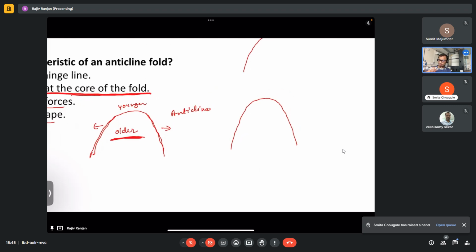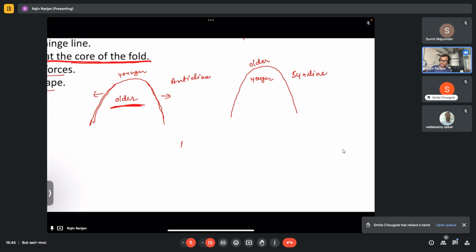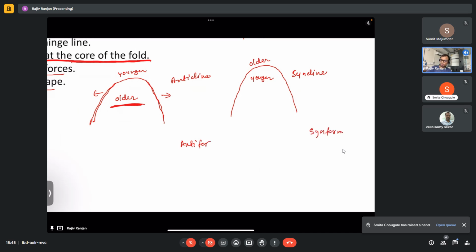So in a syncline fold, what will happen is younger in the core and older on the outer part. So this is called syncline. And there is another one, which is whether it is antiform or synform. So this will be based on the closure of it.